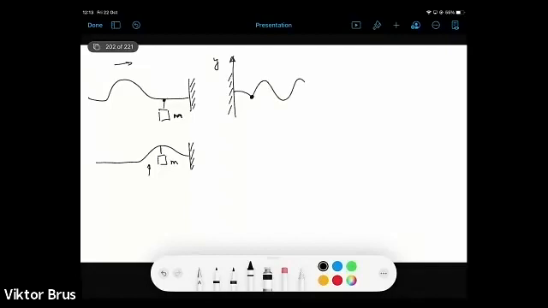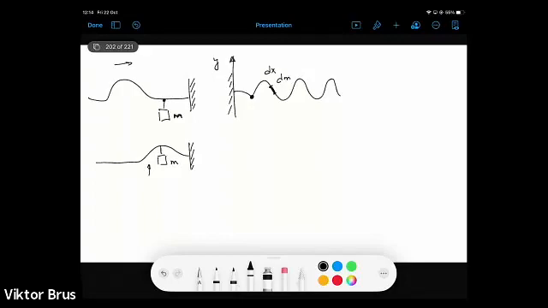It creates a sinusoidal wave, and we should consider a small element of the string with length dx, and it will possess some mass dm. Okay, so we have such a model, and let us focus on its kinetic energy.